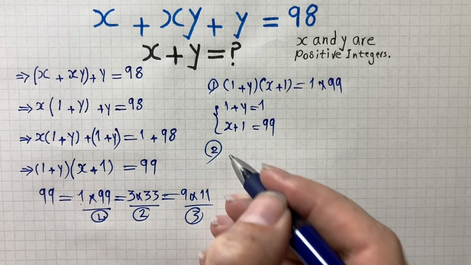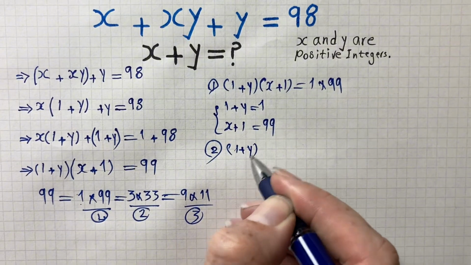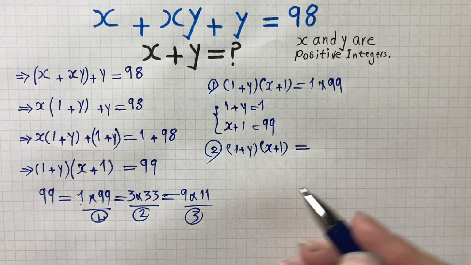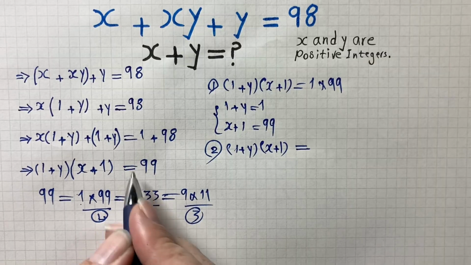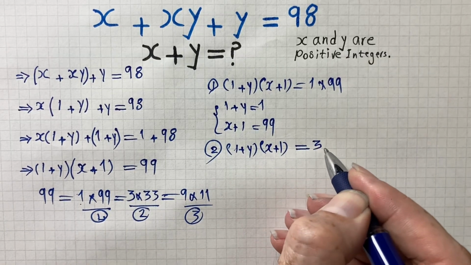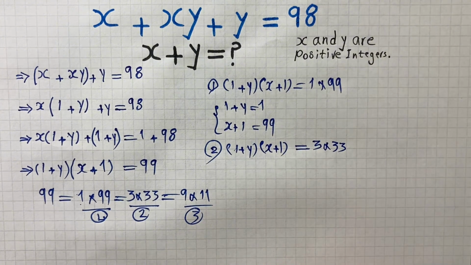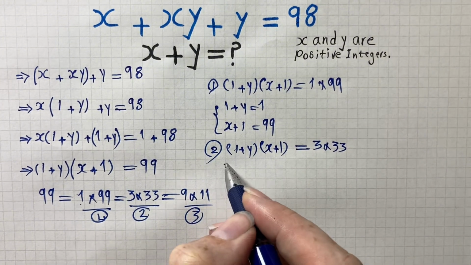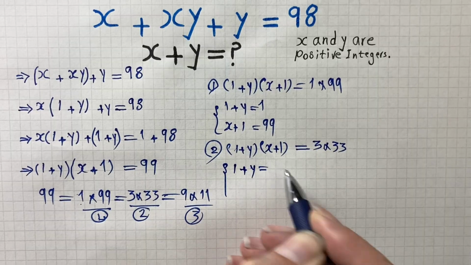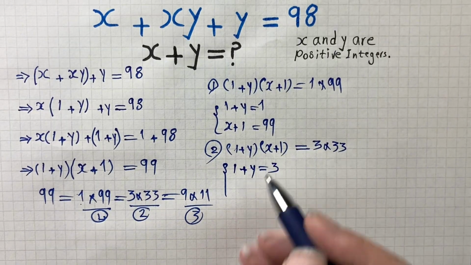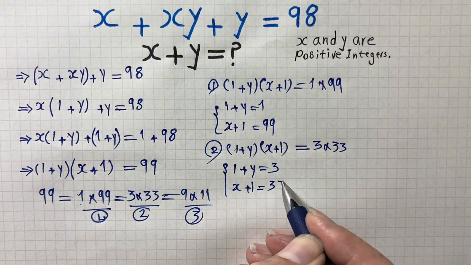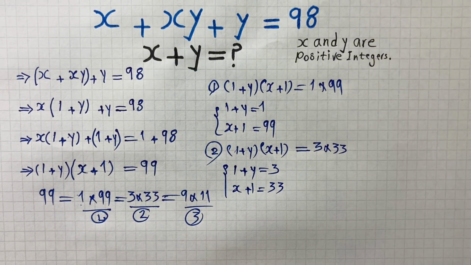Now case 2. The left hand side, 1 plus y times x plus 1, equals the right hand side 99. So instead of this 99, I write 3 times 33. From this, I can get the result: 1 plus y equals 3. Also, x plus 1 equals 33. This is case 2.